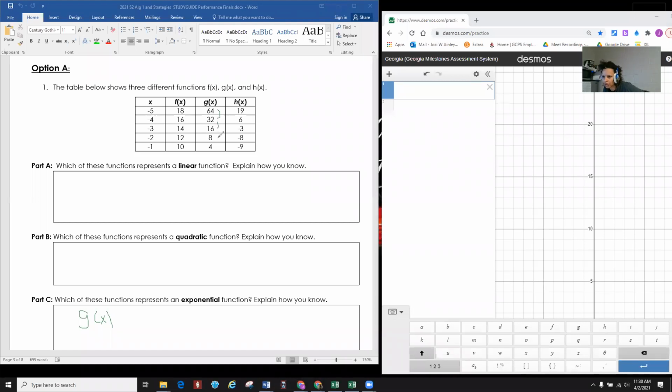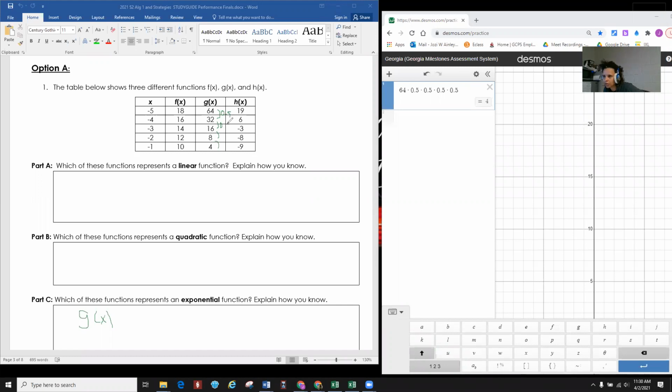So how do I get from one number to the next? I'll start with 64 times 0.5. Boom, 32. If I multiply by 0.5, I should get 16. Yep, if I multiply by 0.5 again, I should get 8. And if I multiply by 0.5 again, I should get 4. Because every single time I'm multiplying by 0.5.